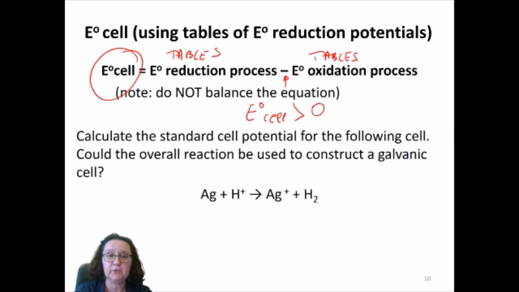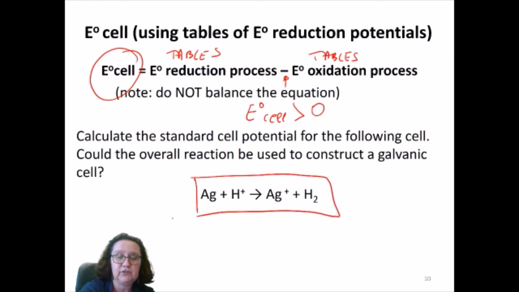So for example, if we look at this particular reaction, silver metal in acidic medium with hydrogen ions to produce silver ions and hydrogen, would this overall reaction produce electricity? Would we be able to construct a galvanic cell?